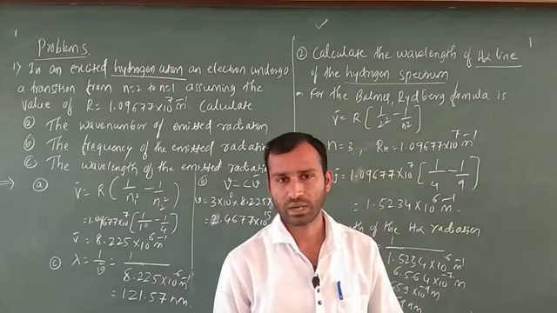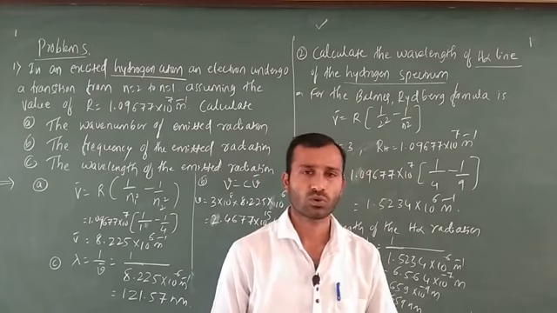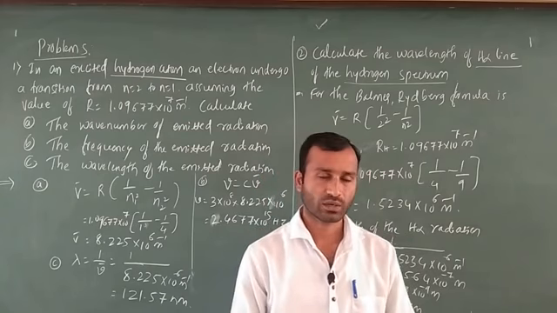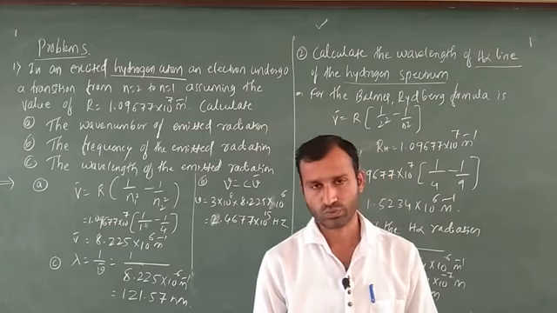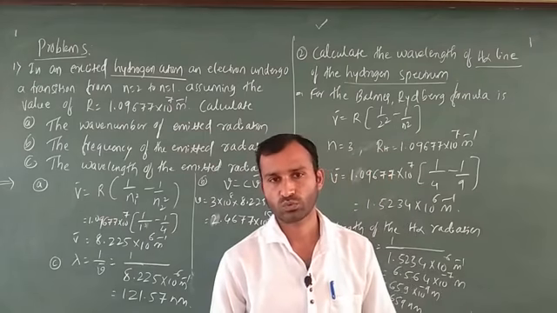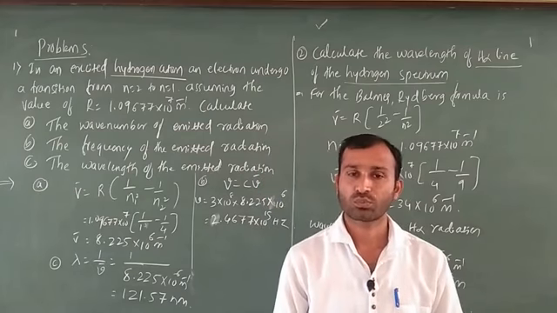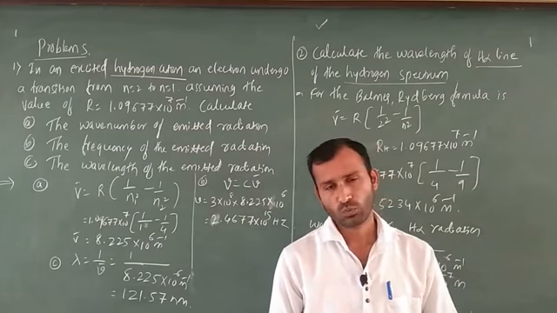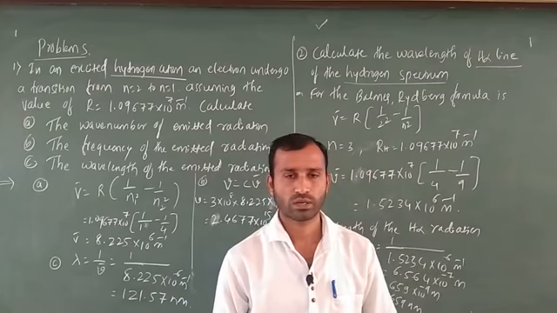nu bar equal to 1 by lambda. Directly you have to write nu bar equal to R, after that 1 by n1 square minus 1 by n2 square, close the bracket. Okay, that formula you have to use. For the Rydberg constant, just bear in mind, in the PU board they are going to give it in the given data.